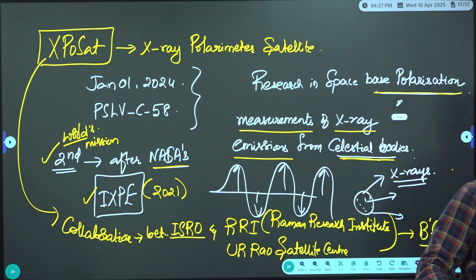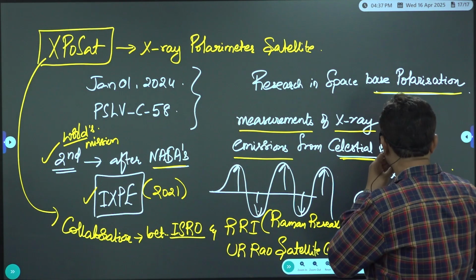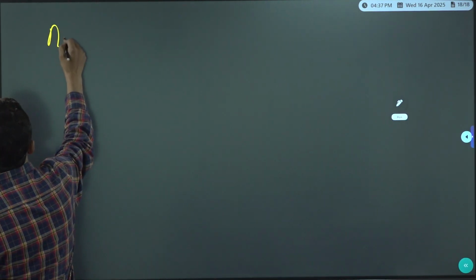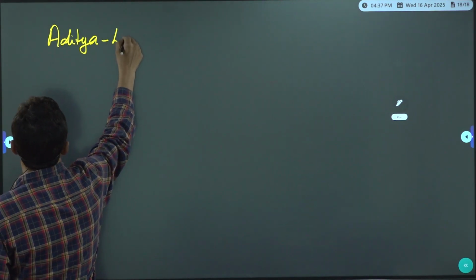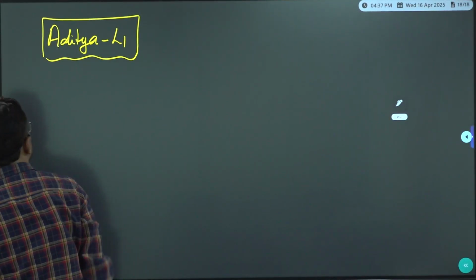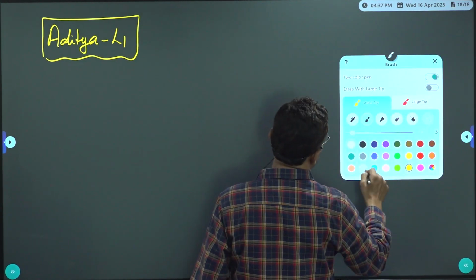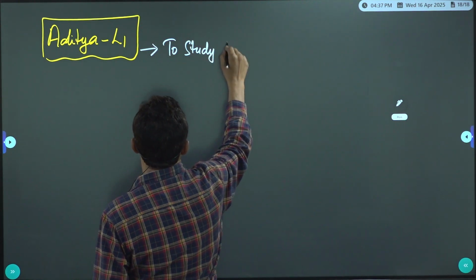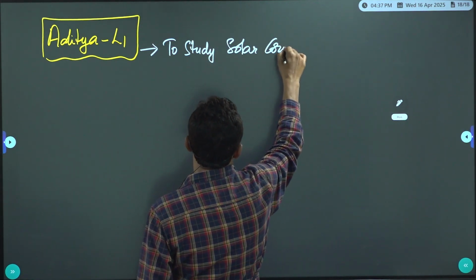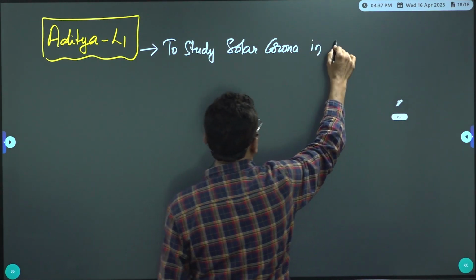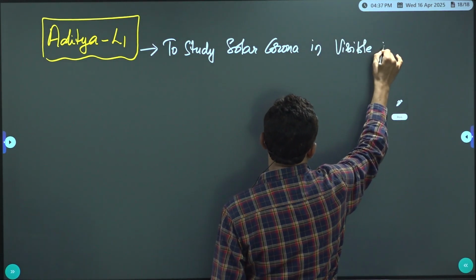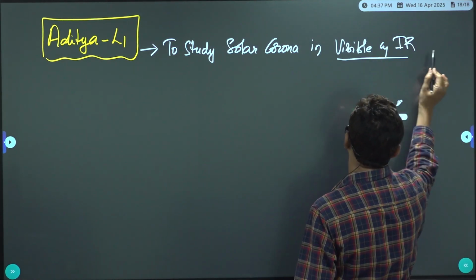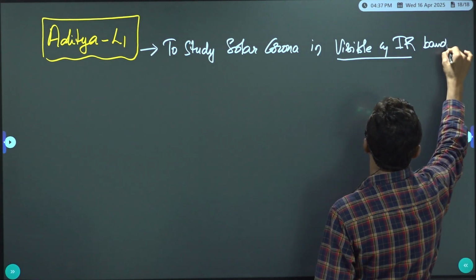Right. So the next one is the Aditya L1 mission. It is India's first mission to study the solar corona in the visible and IR bands, or you can say spectrum.